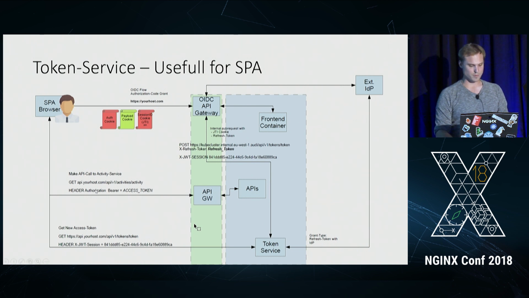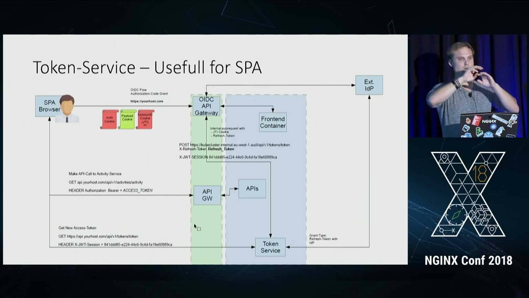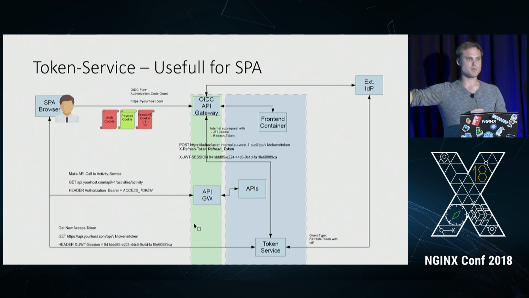And from the front end, from the API perspective, if you want to make an API call from the front end, you call the token endpoint first, and I send the x.session header together with that request to the API gateway, which then routes the traffic to the microservice in the backend.